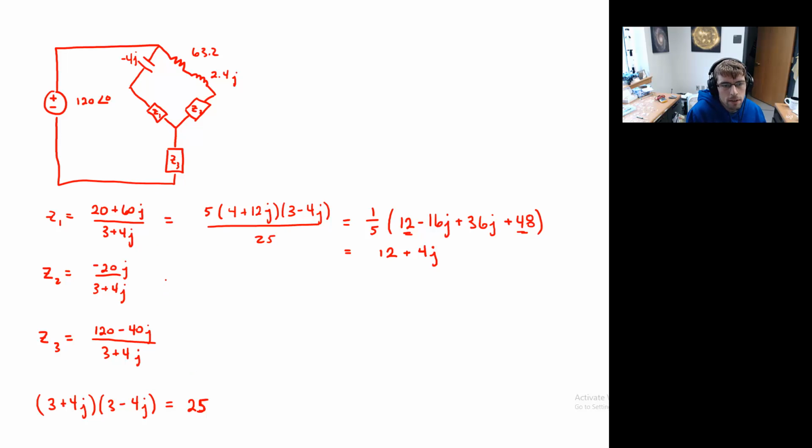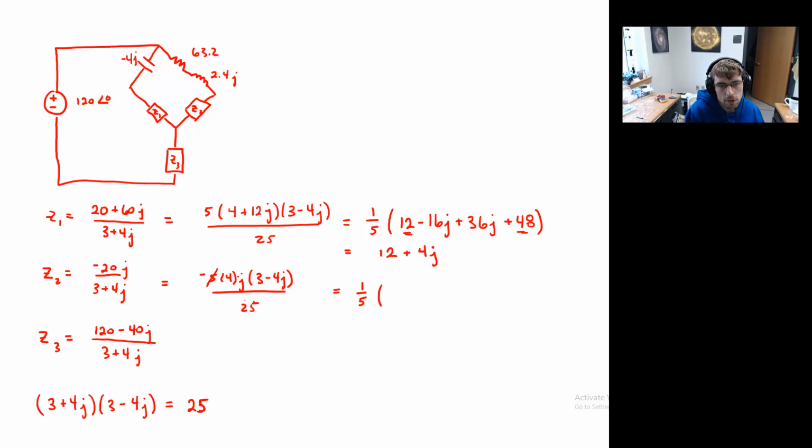Go ahead. Second one. Yeah, you probably already have it. We have a negative, I'll say 5 times 4j times 3 minus 4j, all divided by 25. And so we end up with something that says, okay, well, the 5 cancels. And so I get 1/5. We get 12j. 4 times 3 is 12.